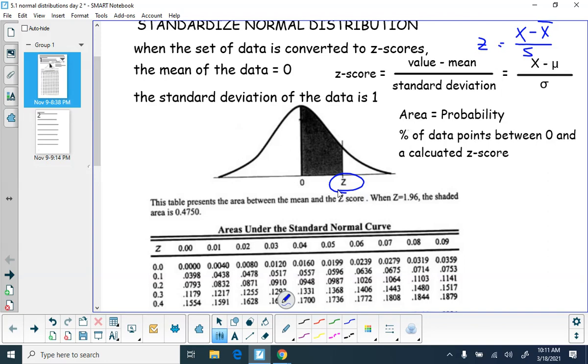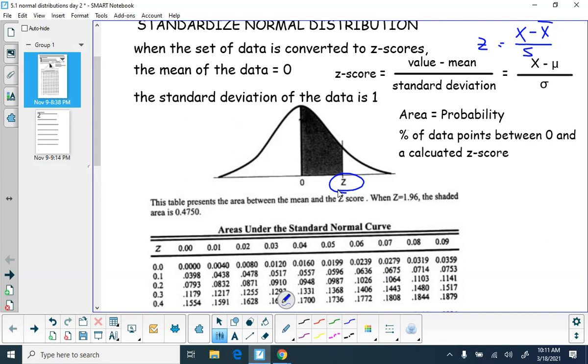You have a table at the bottom here, and I'll also give you a second table that's a little bit easier to work with. This is a z table that will calculate this area. This table represents area between the mean and the z-score.